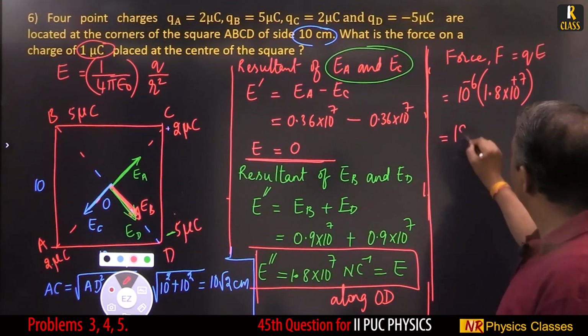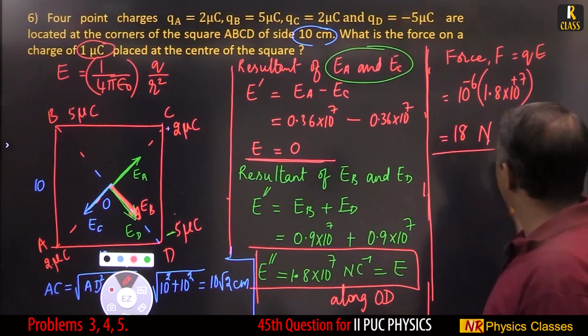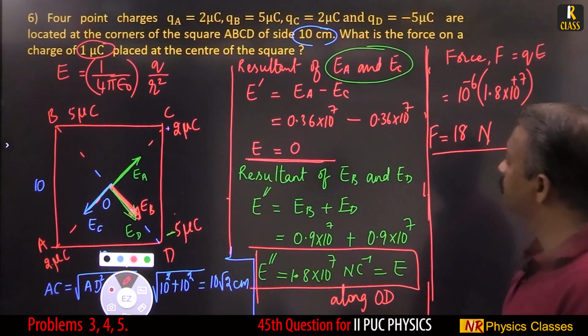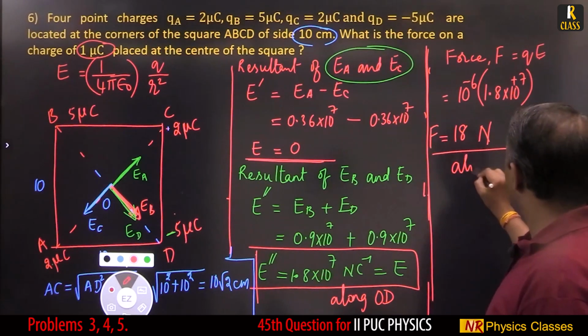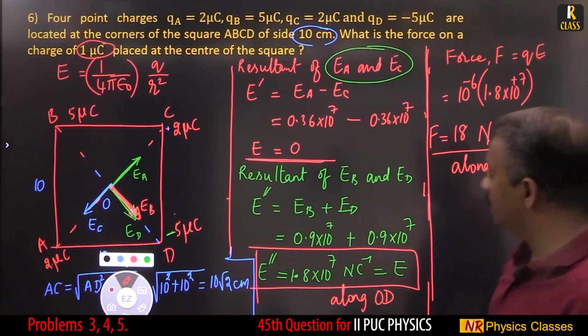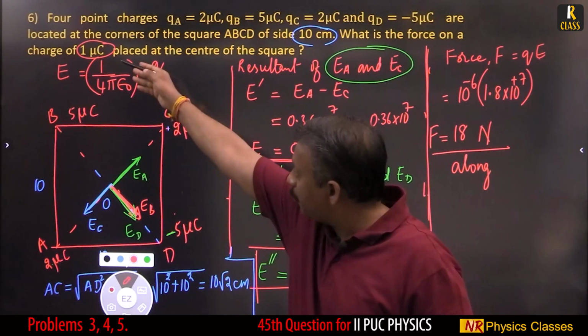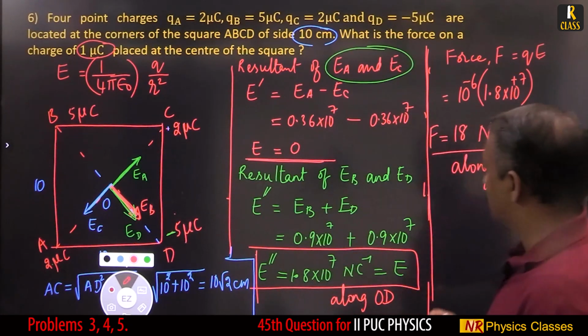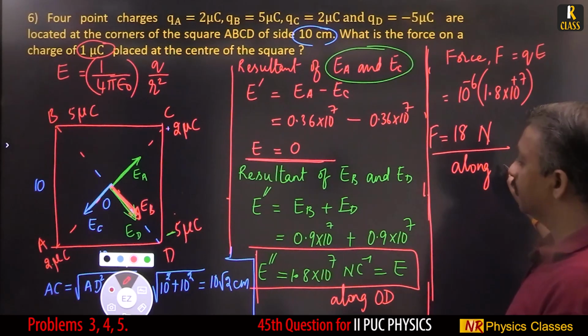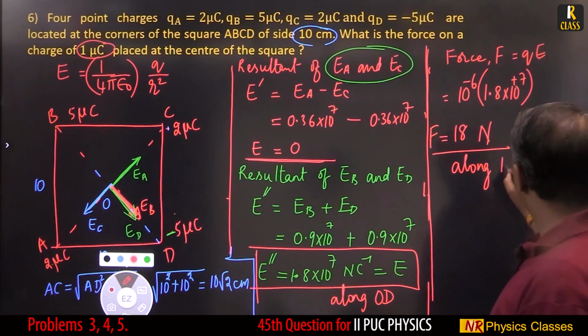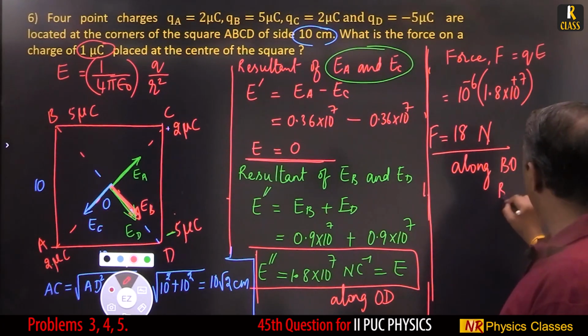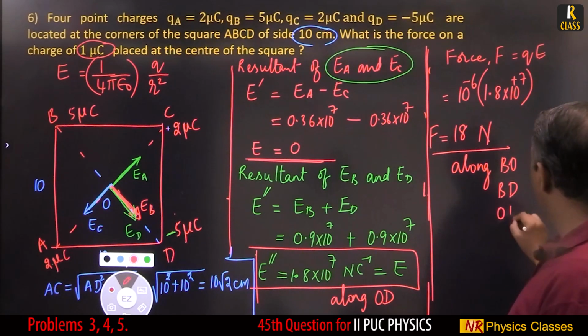So 18 Newton. This is the force along the same direction, because it is a positive charge, along BD, along BO, along OD.